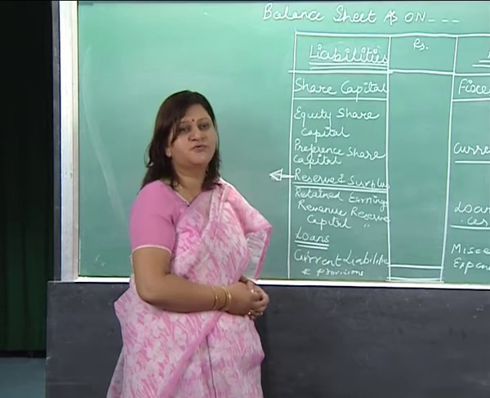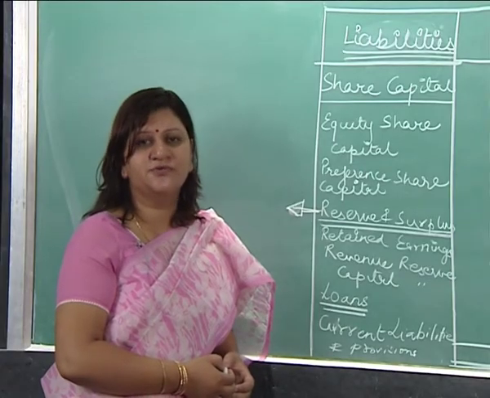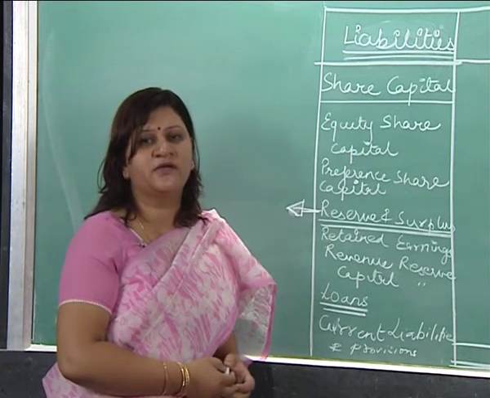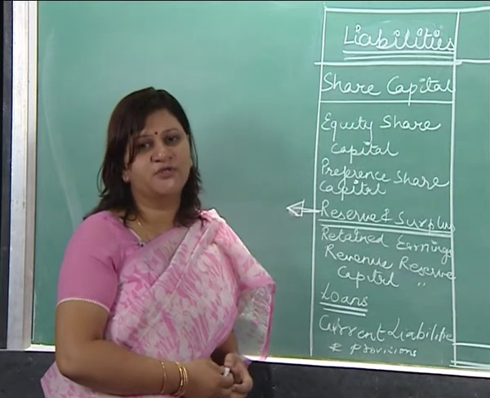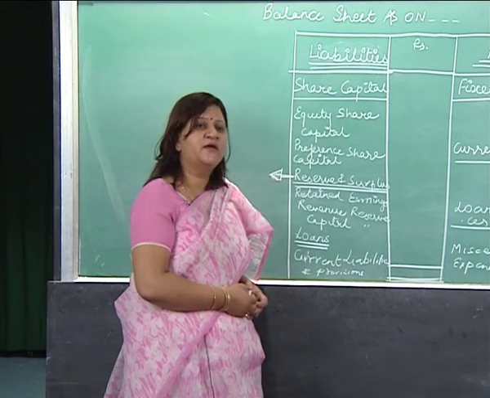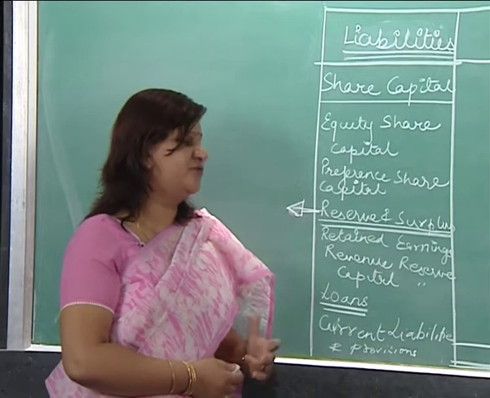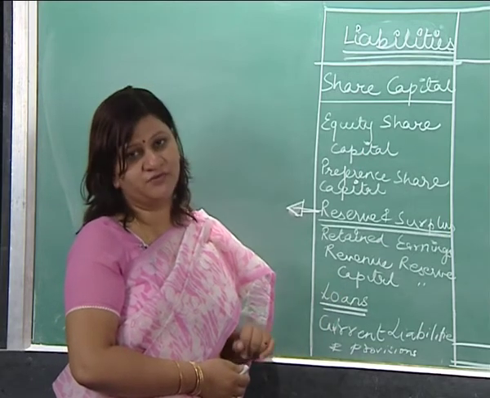It shows the strong financial position of the company. Retained earnings are the sources of finance on which we are not going to incur extra cost. Its cost will be same as that of the equity share capital. They can be used for paying the dividends to the shareholders. Now there can be two types of reserves. First is capital reserve and second is revenue reserves.